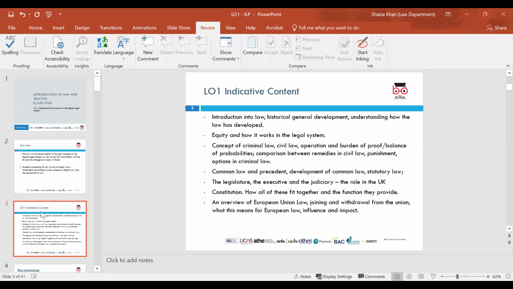We look at common law and precedent. We look at the legislative, the executive, and the judiciary, what their role is within the UK, and how it fits to provide the function of the UK Constitution, and how the EU impacted on the UK as well.